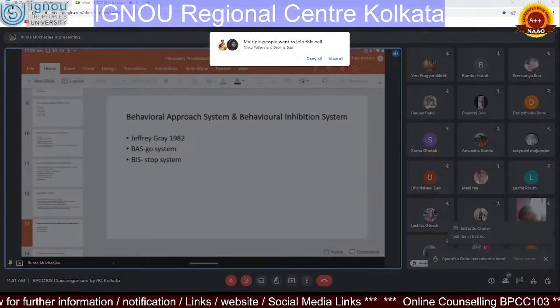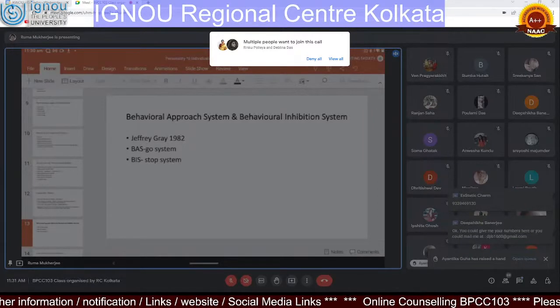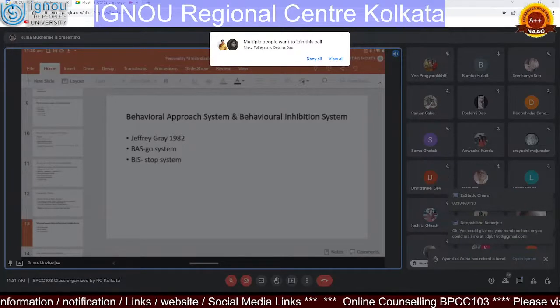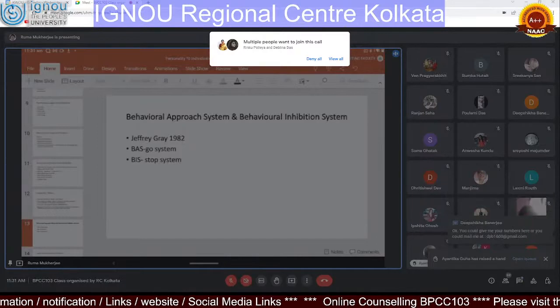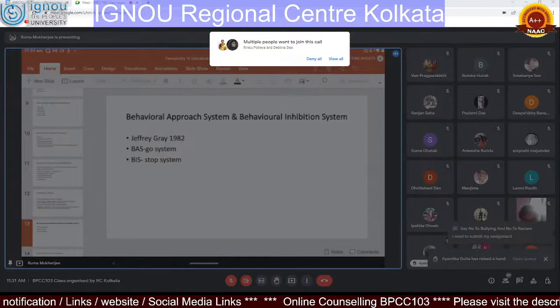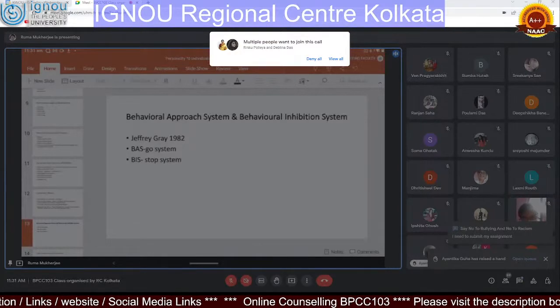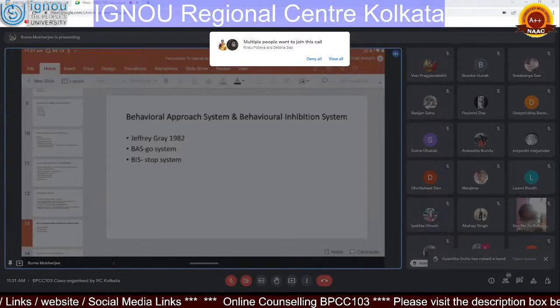See, the names are different, but the actual concept or idea of all these theories are mostly linked and interrelated with each other. So this was all about the behavioral approach system and the behavioral inhibition system.